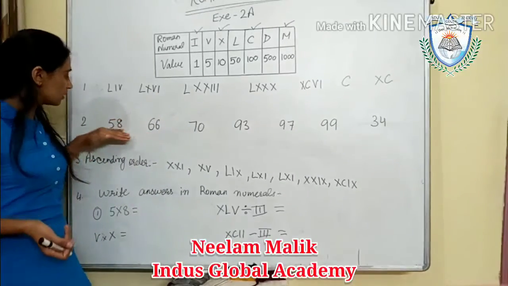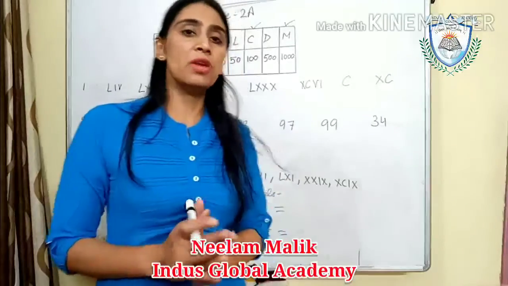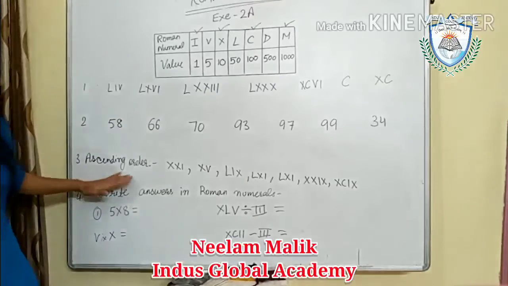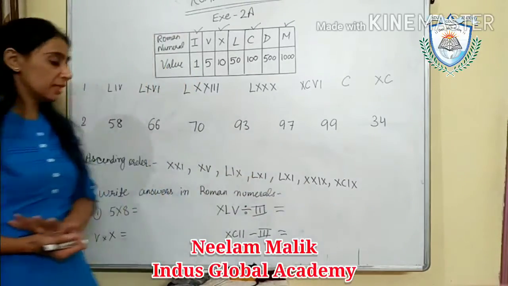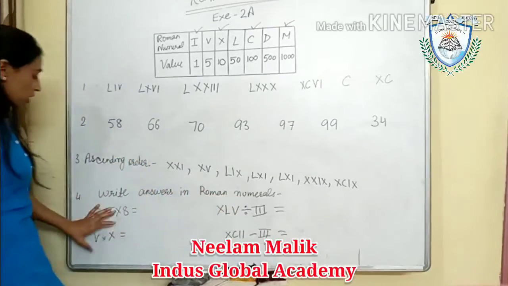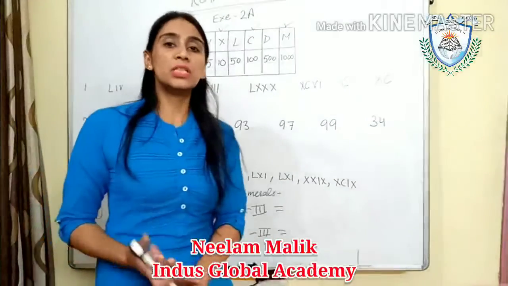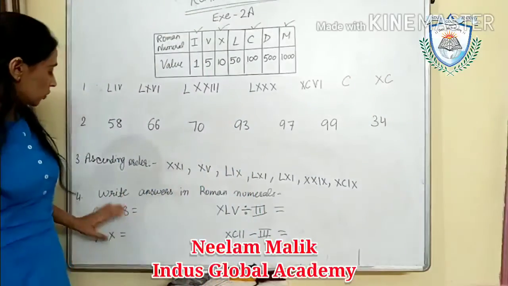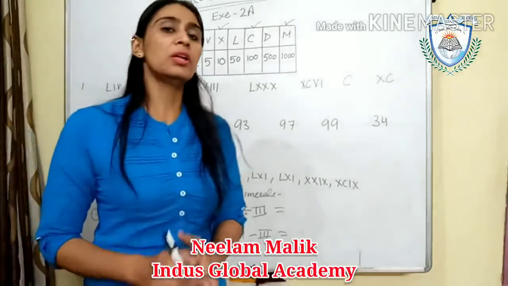Then Hindu-Arabic numerals are given, and we have to convert them into Roman numerals, and write numbers in ascending order. After that, some Roman and Hindu-Arabic numbers are given with operations like plus, minus, subtraction, division. We have to perform them and write our answer in Roman numerals.